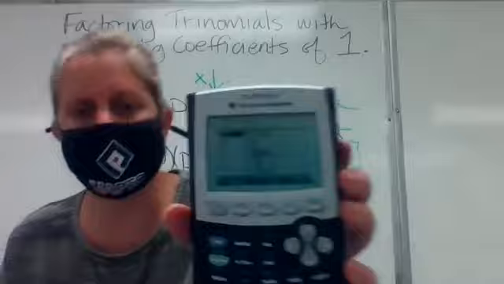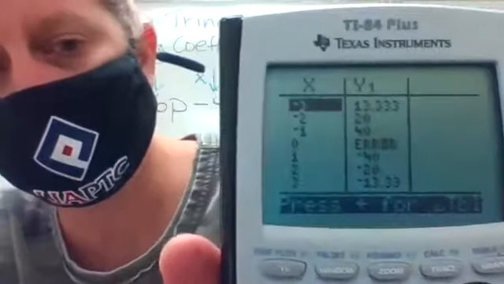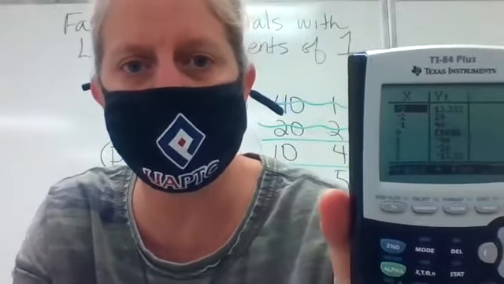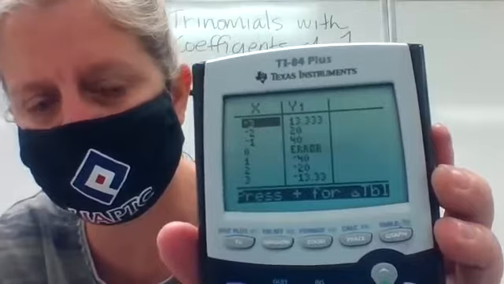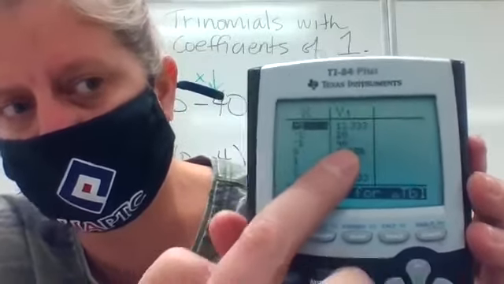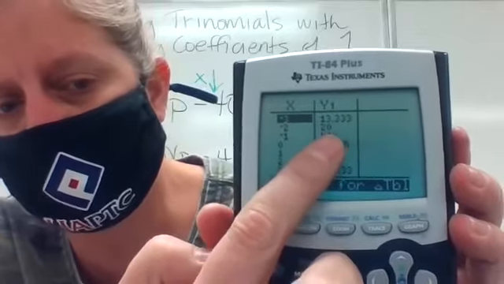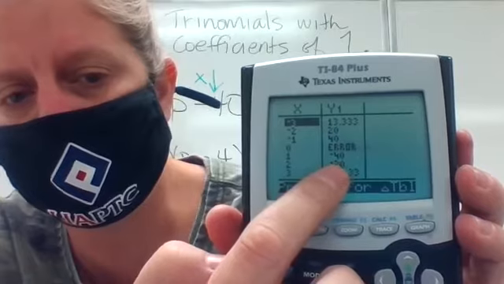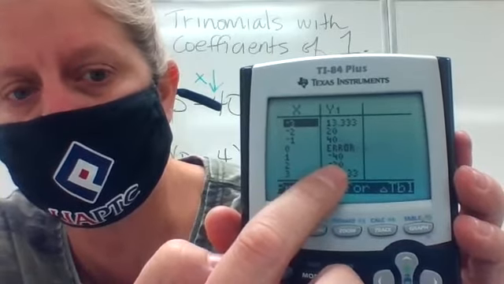All the numbers in these two columns multiply to give you negative 40. Right? Negative 1 times 40 is negative 40. Negative 2 times 20 is negative 40. Just don't look at anybody that has a decimal.